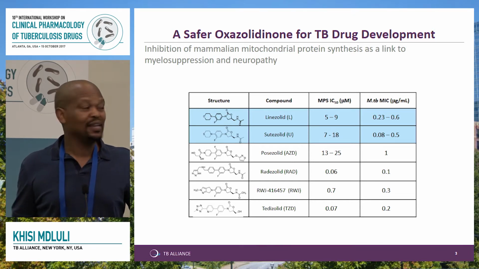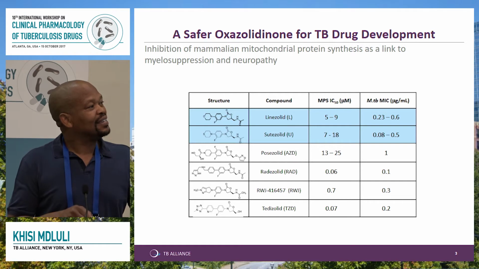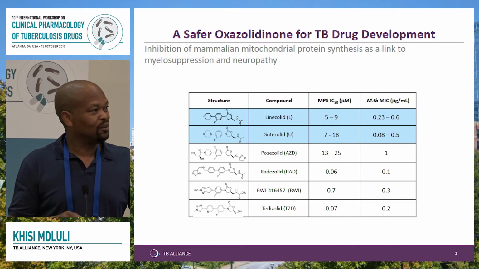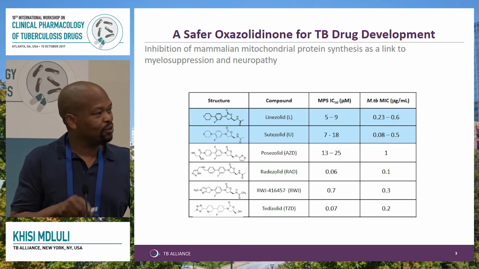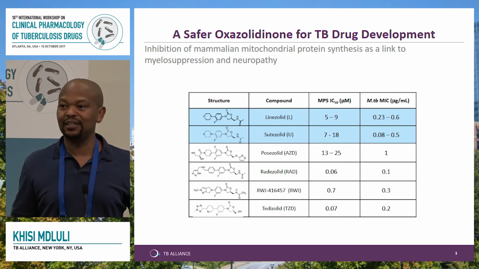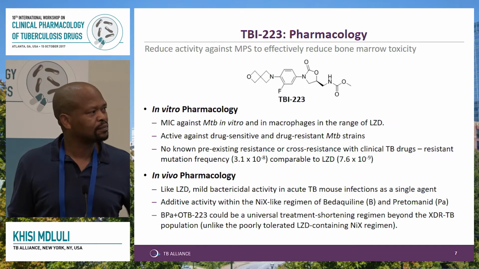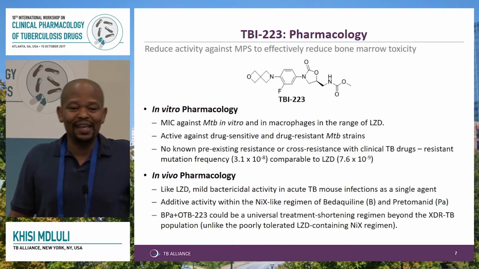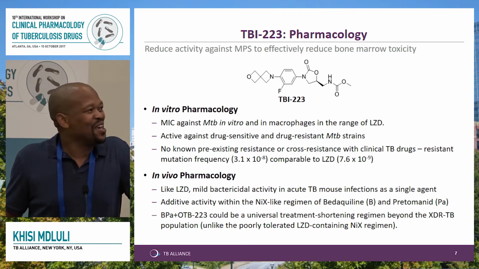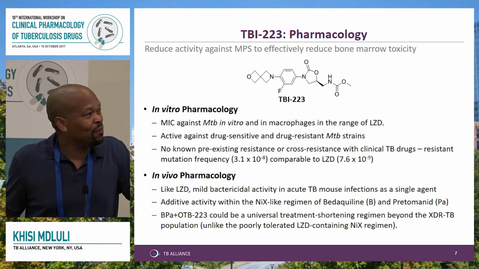So we figured that if we were to go back, starting with these compounds as our starting point, and develop a novel oxazolinone that would be devoid of the MPS, of the mitochondrial protein synthesis inhibition, but either maintain or do better for the MIC, we would get a window that would give us safety and probably a better compound. So that's what we went and did. I won't go into the chemistry because I wouldn't be able to even if I tried, but I'm sure you're not even interested. But this is the compound that we ended up with.